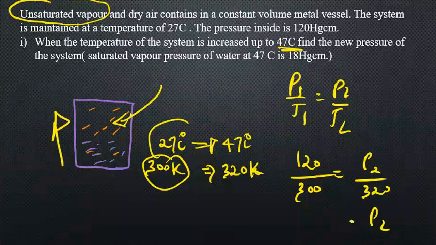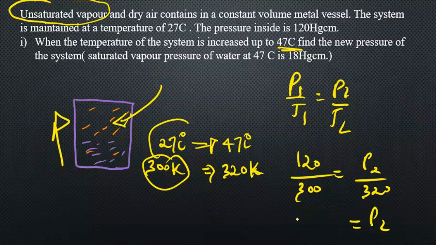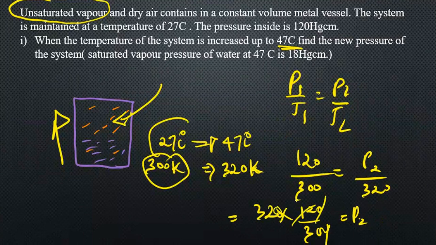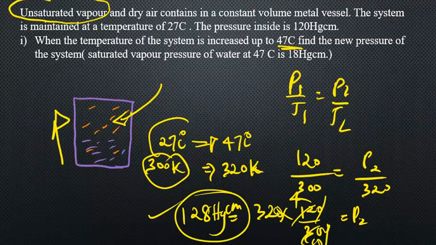So here we get P2 equals 120 divided by 300 times 320. Let's simplify it further, and we get 128 Hg cm. That's our answer here.